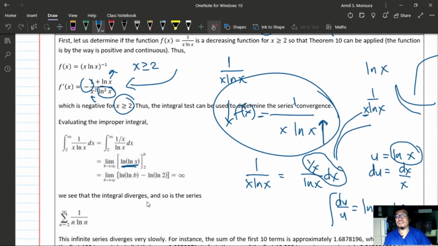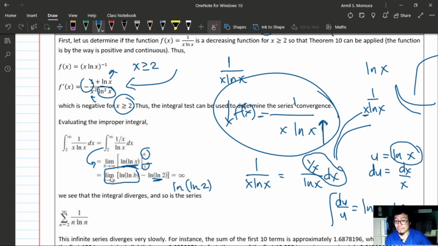And therefore, again, applying the limits. Since this is an improper integral, we transform it into a limit problem with the limits being b and 2. Now, the limit of this part is obviously infinite, while this is a constant. So this is simply the natural logarithm of the natural logarithm of 2.